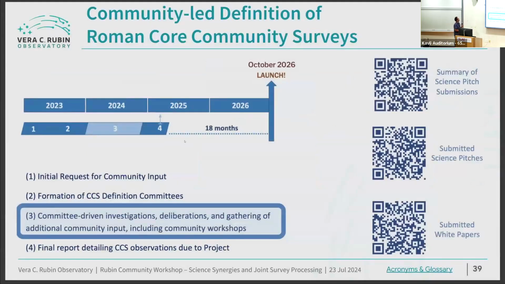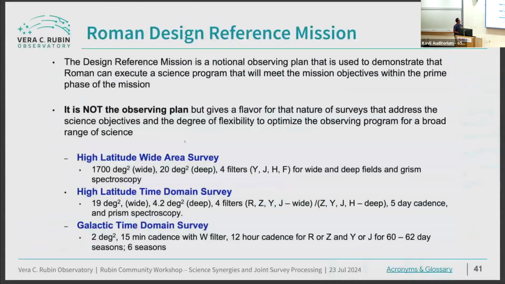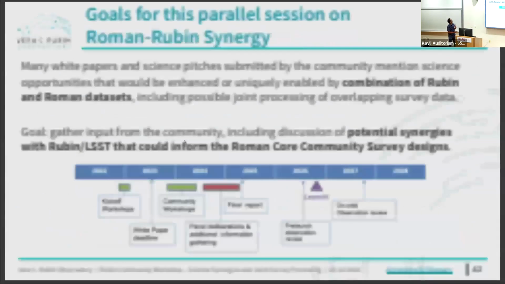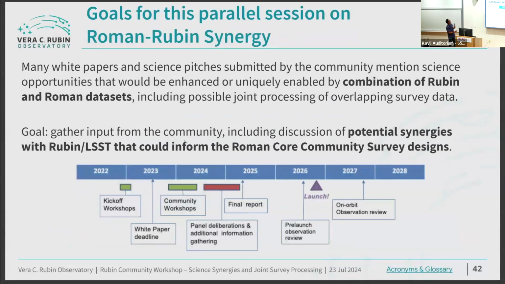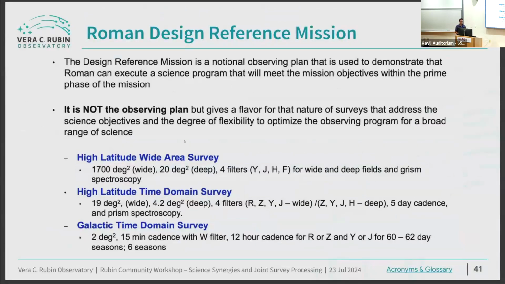So this is the timeline. Currently, we are in the process of reading and ingesting and incorporating the suggestions, coming up with observing strategies that incorporate many of the suggestions. In the next several months, we will make recommendations to the time allocation committee.